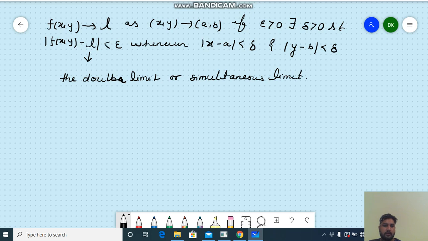And we write this simultaneous limit as limit (x,y) tends to (a,b) of f(x,y) is equal to small l.